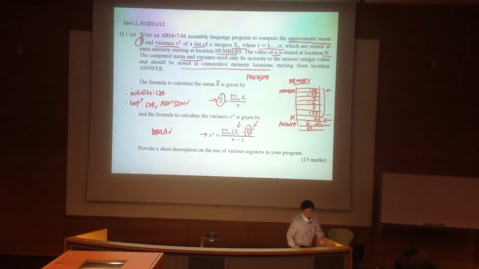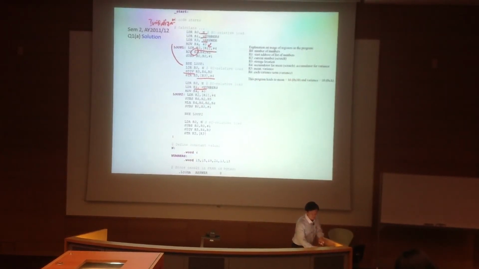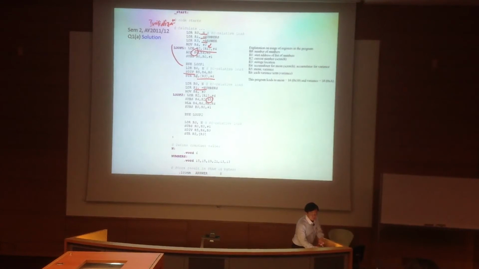So you set R0 and R1, get the values again, but this time you subtract R5, which is storing the X bar value, right? You subtract it, you get it in R6, and then you square it here, and then you accumulate with R4.